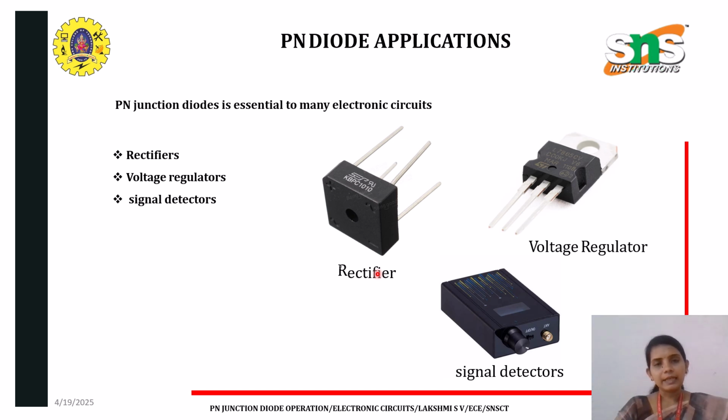It also acts as a voltage regulator, which means that most electronic devices require a regulated DC power supply. That can be achieved with the help of our diode, acting as a voltage regulator, and also in signal detectors. So these are the areas where we use our PN junction diode.